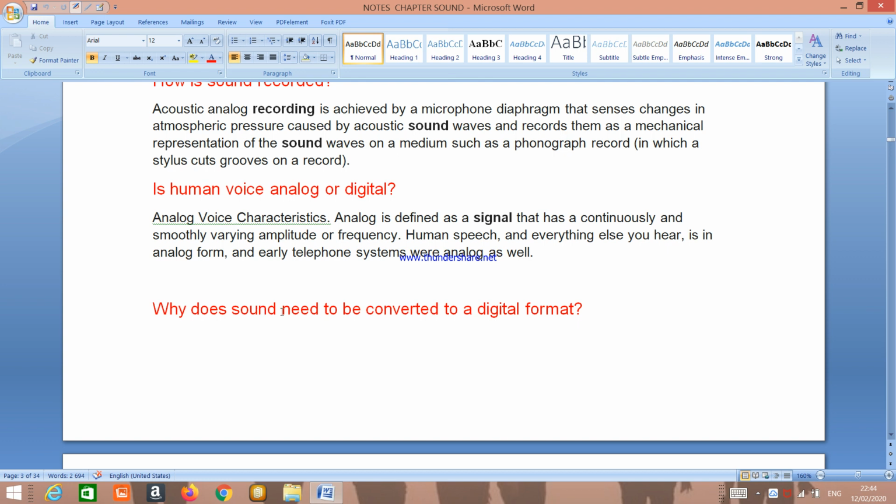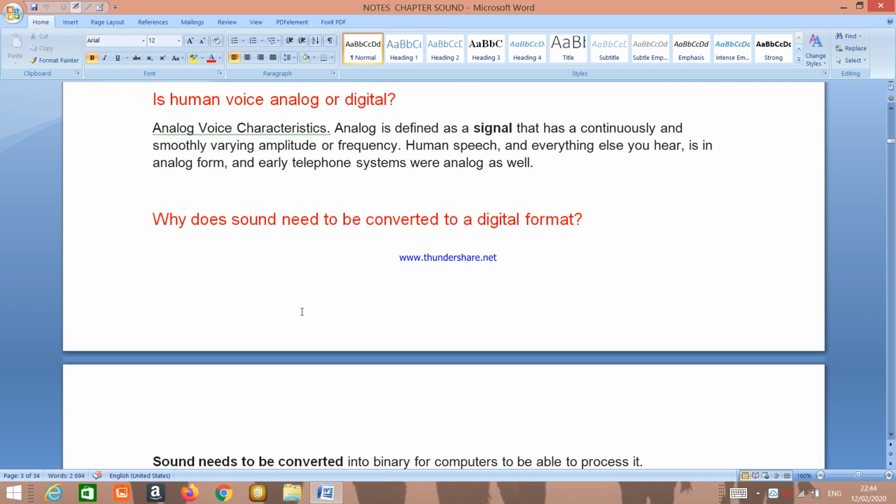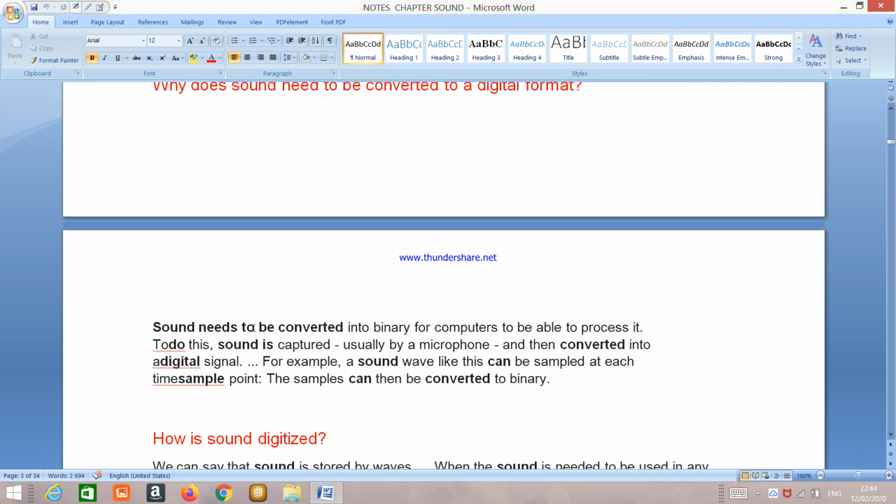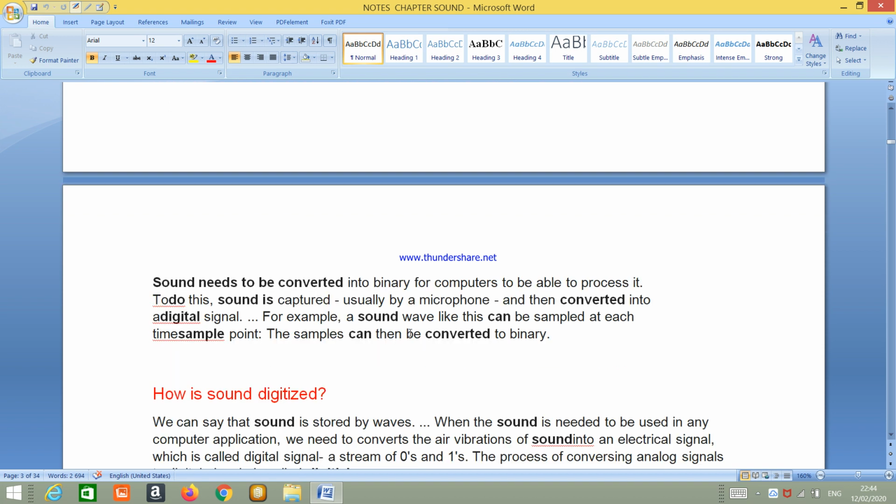So why does sound need to be converted into digital format? We convert the natural sound, which is in analog form, into digital, binary form, so that we can store it in the computer. To do this, the sound captured by the microphone needs to be converted into digital format.